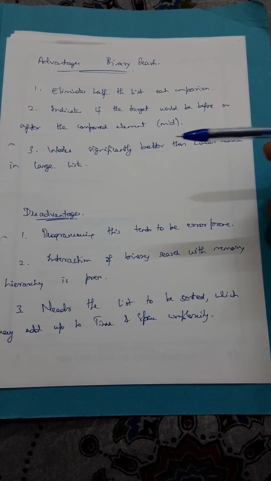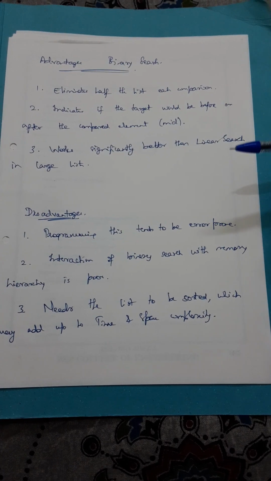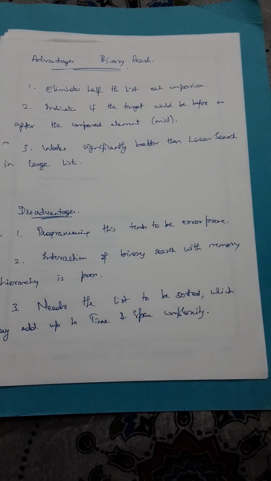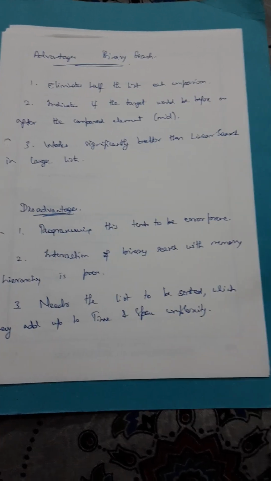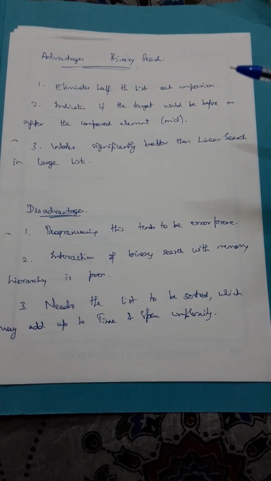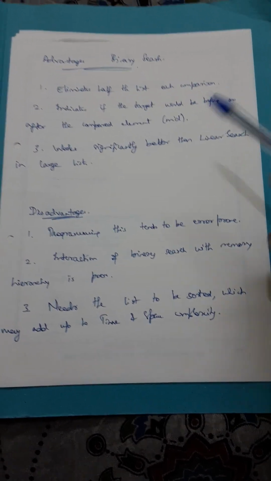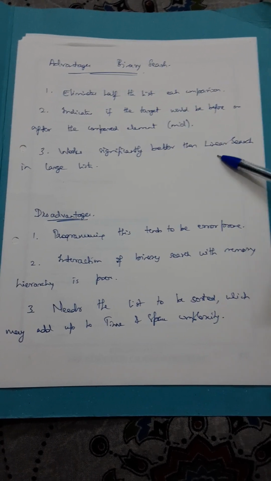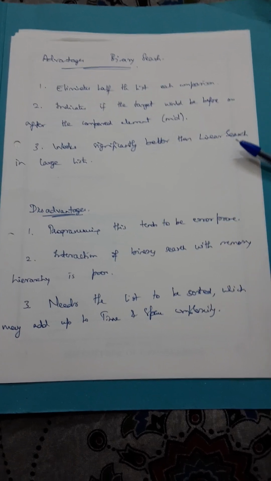With one comparison, it will go down to 500, then 250 in two comparisons, then 125 in three comparisons. So you'll go through the whole thing in at most about 10 comparisons in binary search. However, in linear search it's the same 1,000, you just have to go through that 1,000. So that is why it works significantly better in larger lists than linear search.